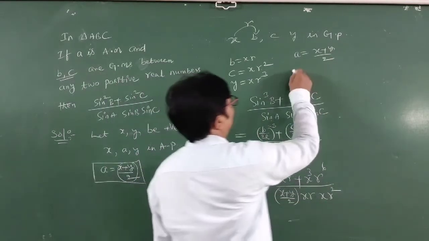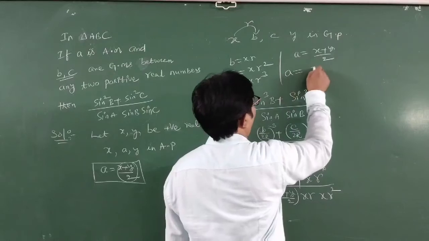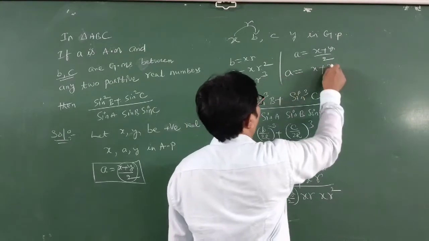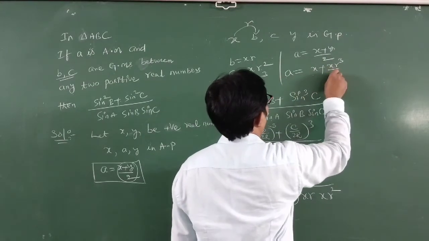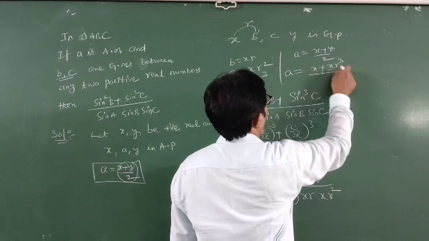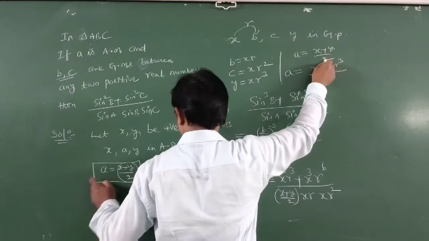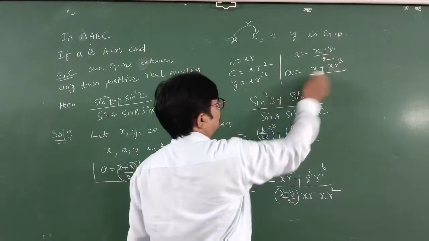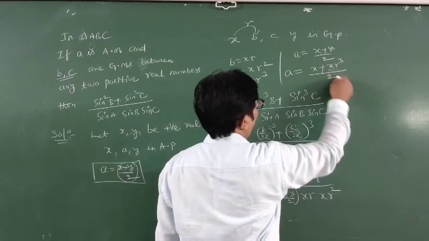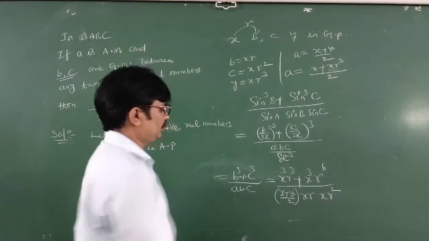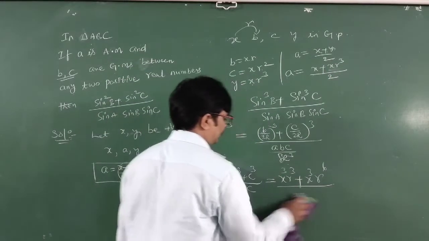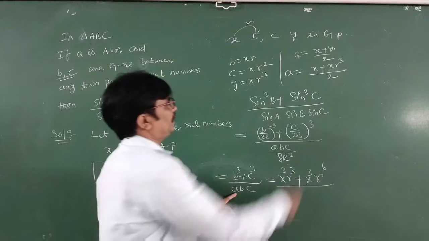This is what, students? The a equal to (x plus y) by 2, where y is x r cube upon 2. So we can directly write, what is the small a?